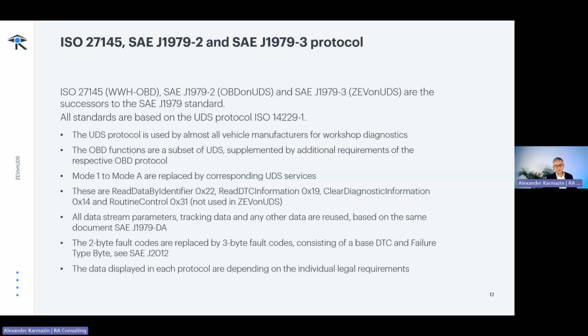There are only a few left. The most important ones are read data by identifier and read DTC information. I'll come back to that in the next slide. All the data are reduced, and what is also new is that the 2-byte DTCs have been replaced by 3-byte fault codes, because the standardizers ran out of DTCs at the time.